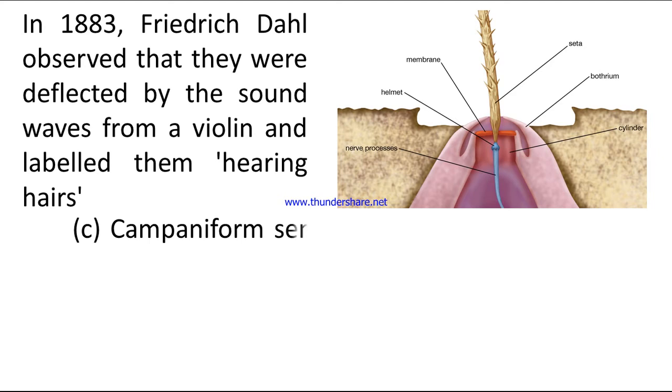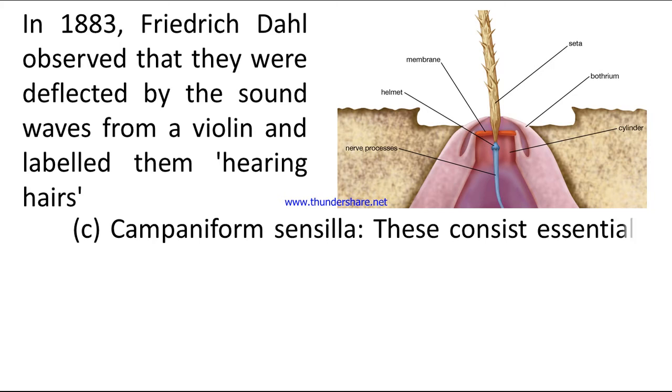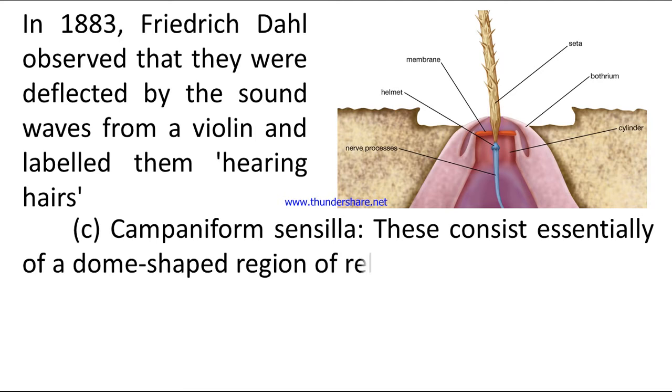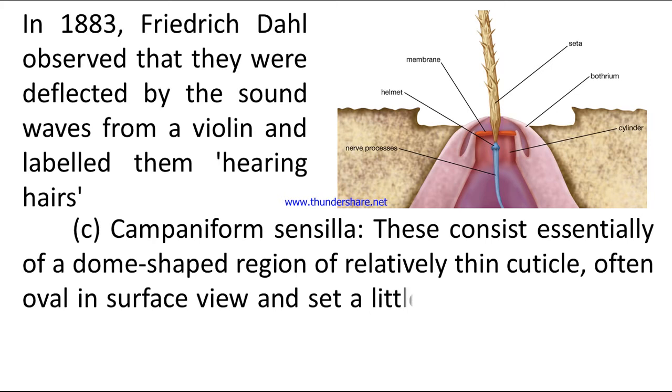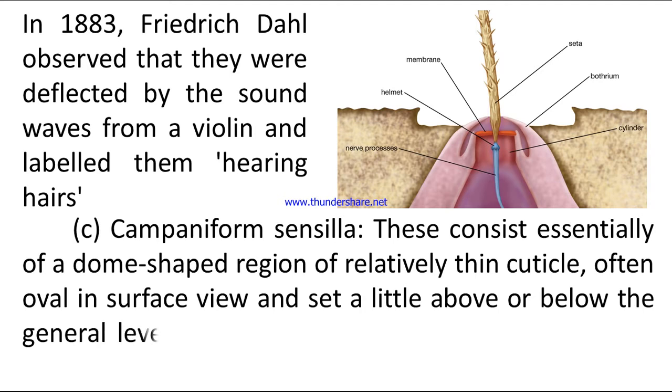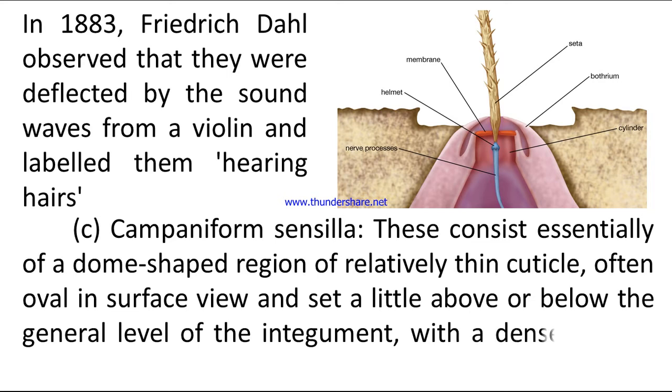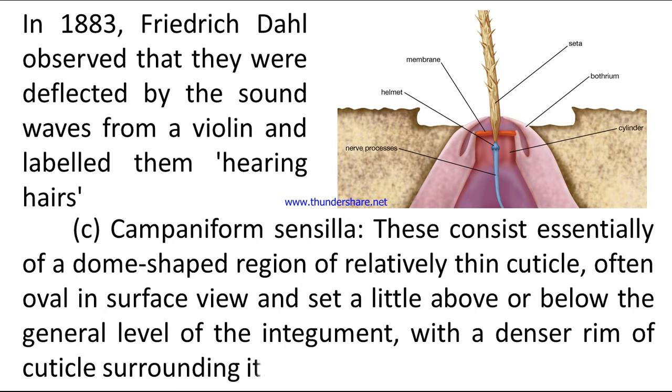Number C. Campaniform sensilla. This consists essentially of a dome-shaped region of a relatively thin cuticle, often oval in surface view and set a little above or below the general level of the integument, with a denser rim of cuticle surrounding it.